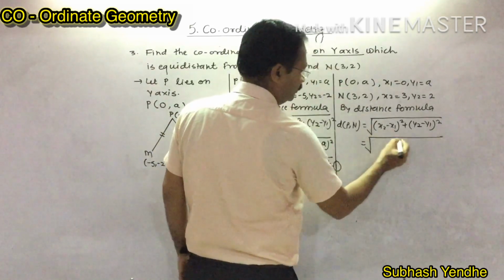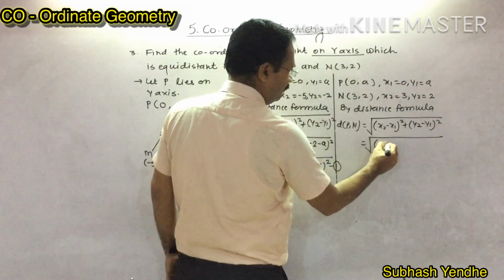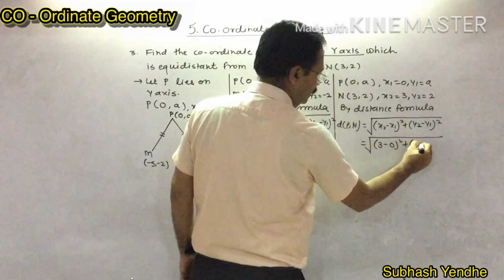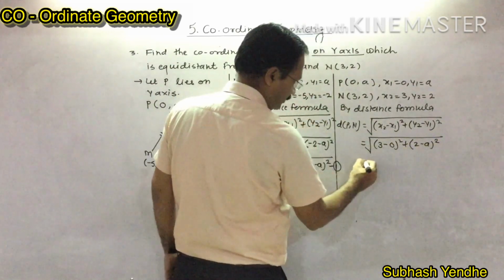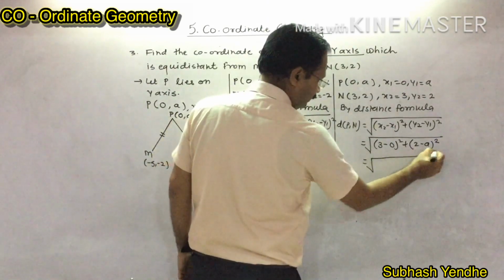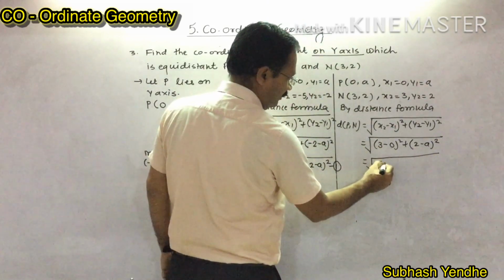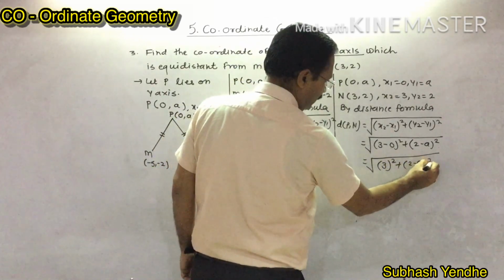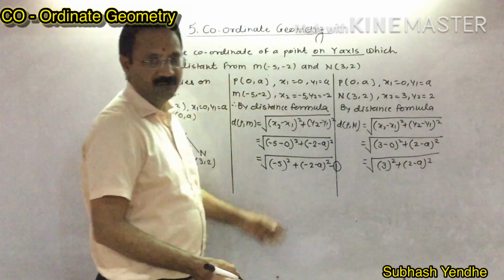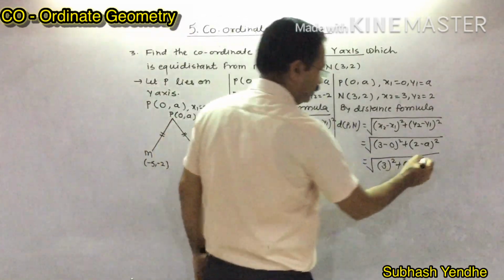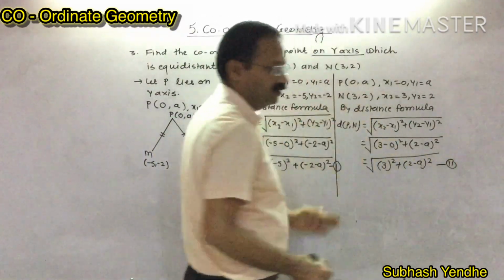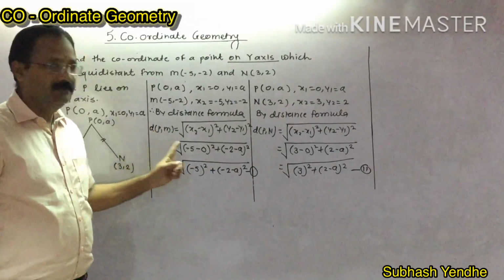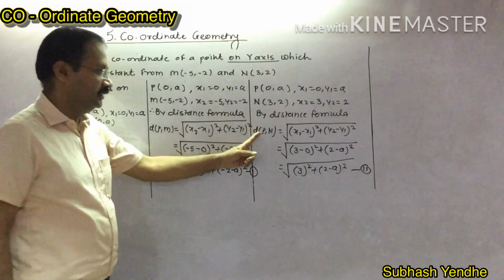Again substitute the values. x2 is 3 minus x1 which is 0, then y2 is 2 minus a, the whole square. I told you that if we subtract 0 from any number, the number will be the same. Then 2 minus a bracket square. So I am going to give the number 2 for this one. So you will get distance PM and distance PN here.